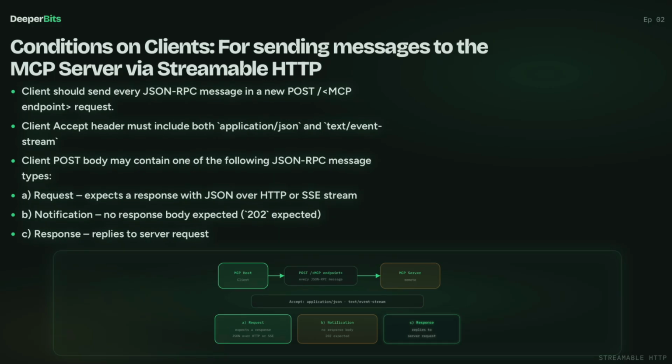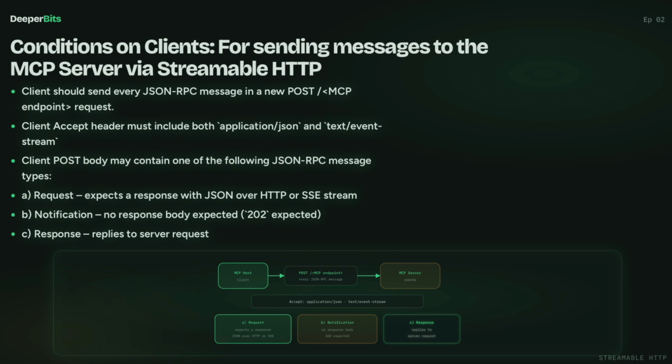Now you are all thinking, why are there these three types of requests? Because whenever an MCP host is connecting with an MCP server, there can be scenarios where a client needs something specific, or the client wants to notify something, or the server wants something.